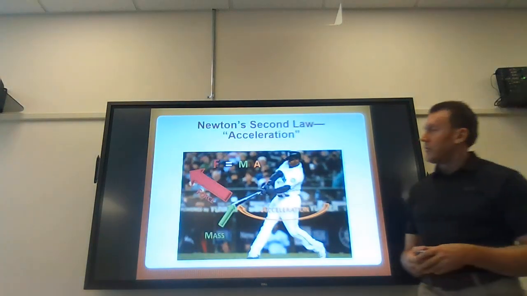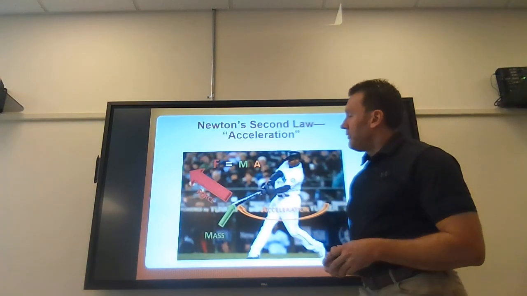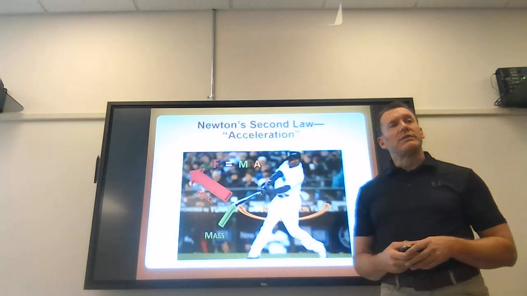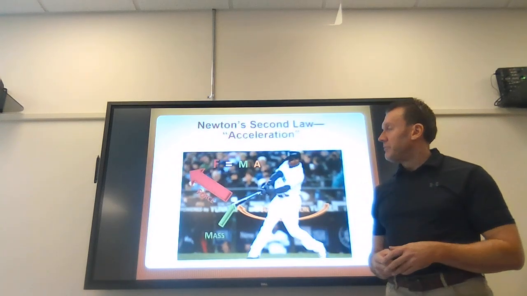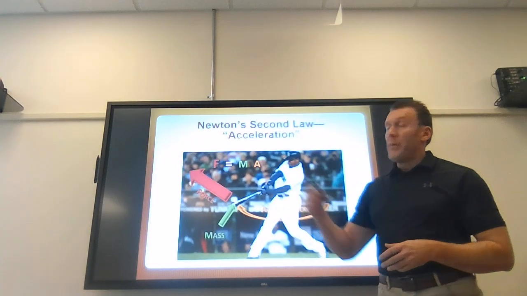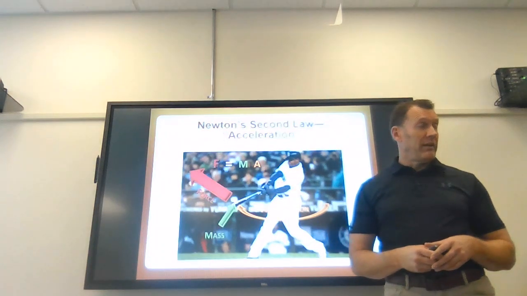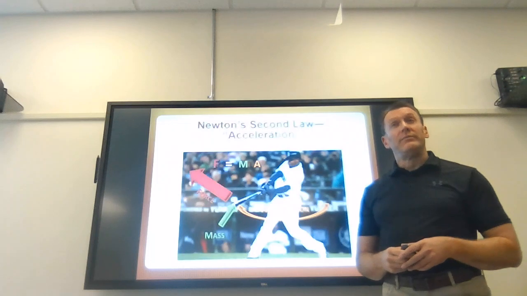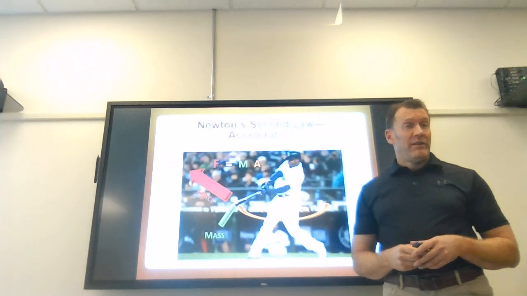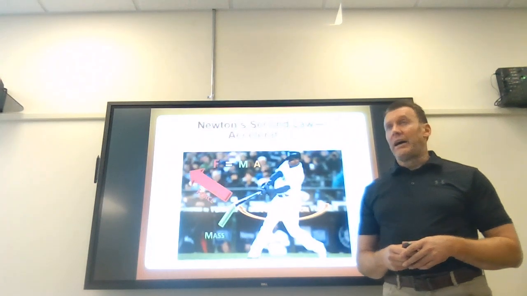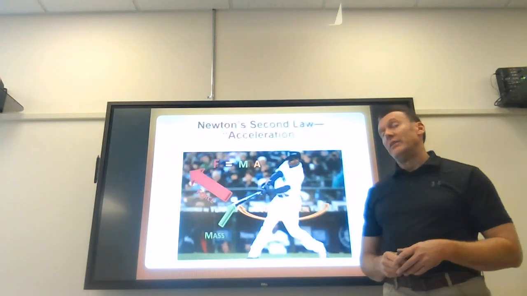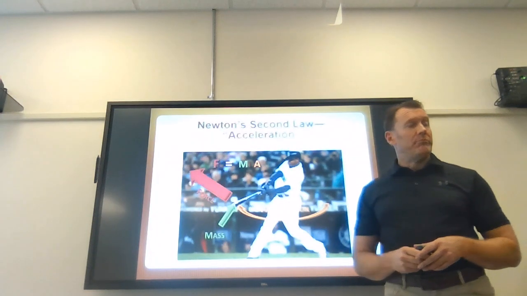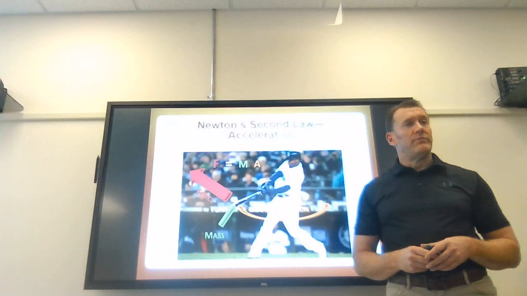Another example is baseball. The force that the bat applies to the ball in that collision is dependent on the mass of the bat, and also the acceleration. So how fast can an athlete swing a bat? Bat speed is a significant performance factor for baseball.